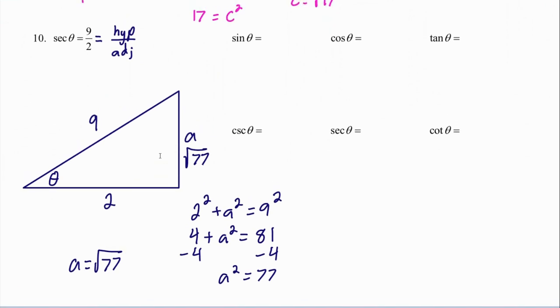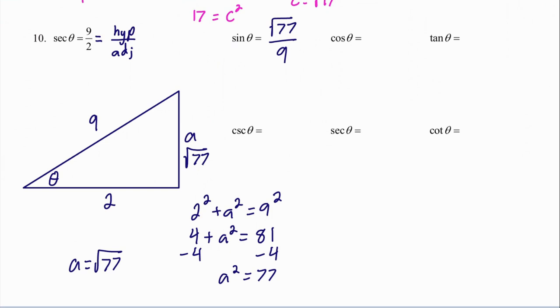So next thing that we'll do is we'll find sine. So sine is going to be the opposite, which we just found to be the square root of 77, over the hypotenuse. So we'd say square root of 77 over 9.